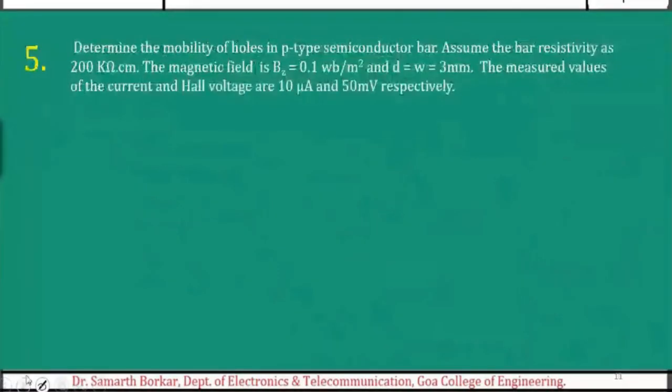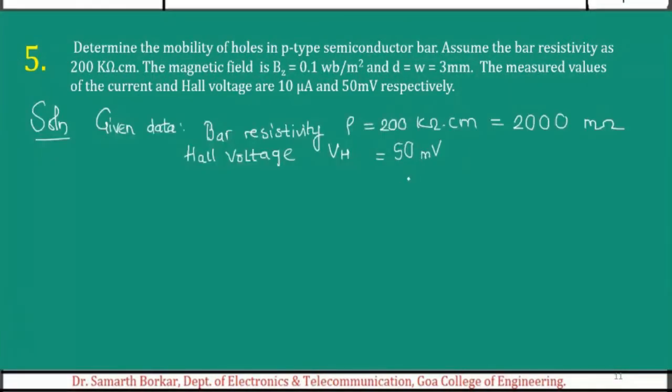Okay. Now coming to the last problem. Determine the mobility of holes in a p-type semiconductor. Assume the bar resistivity as 200 kilo ohm centimeter. The magnetic field is B equals 0.1 Weber per meter square. The dimension d equals w is 3 millimeters, and the measured values of the current and voltage are given as 10 microamperes and 50 millivolts respectively. Millivolts, that is 50 into 10 to the power minus 3.